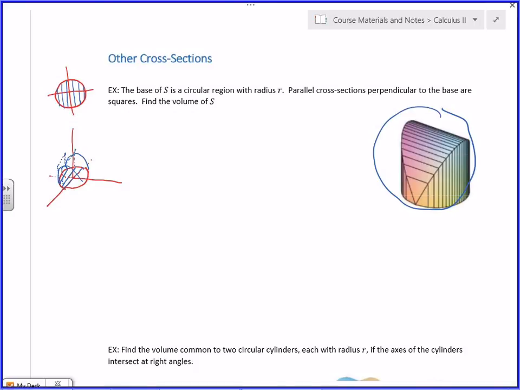So this new volume has the property that it is a square cross-section at every width of the circle. Okay? Now, the beauty of this is that means I can find the volume of it.